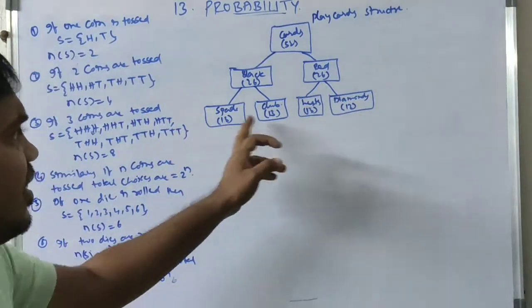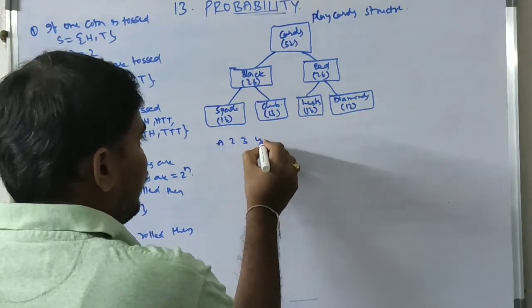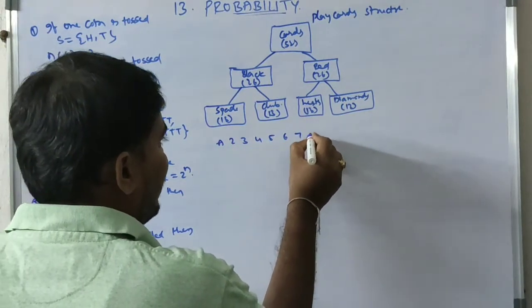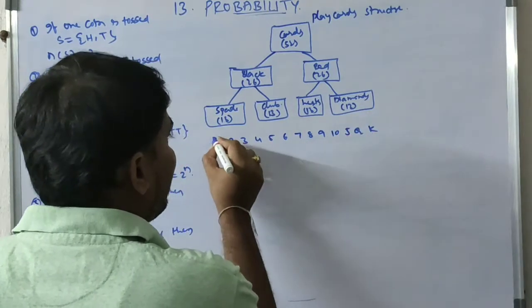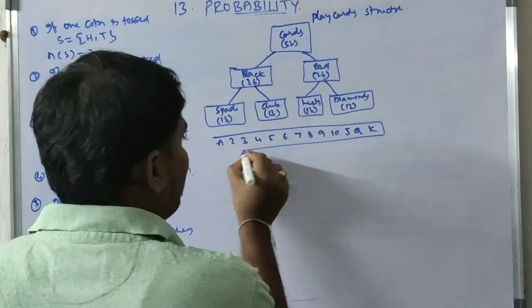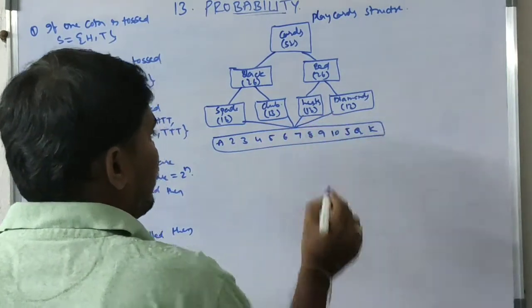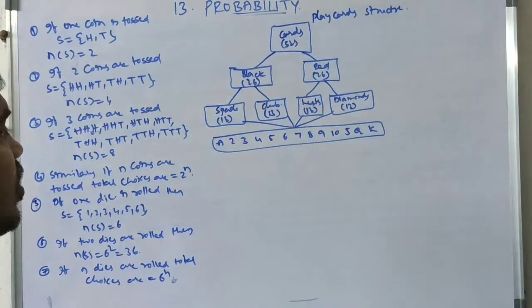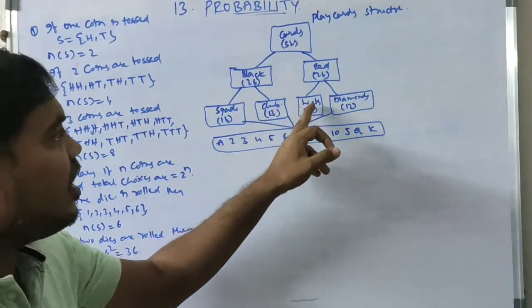So all these 13 cards are A, 2, 3, 4, 5, 6, 7, 8, 9, 10, J, Q, K. These are the 13 cards in spade, club, heart, diamonds.